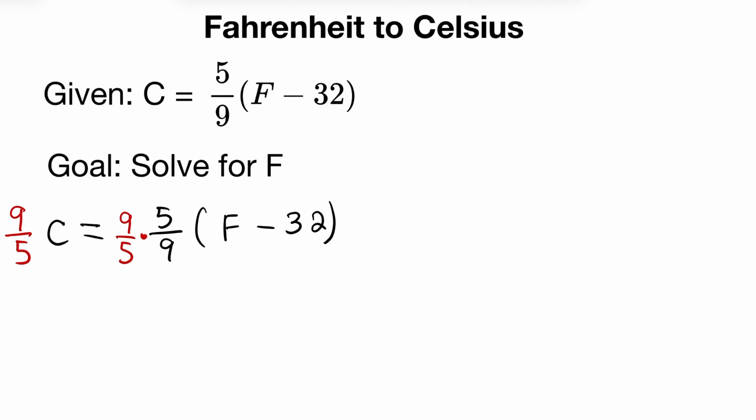You can see here that it cancels out on the right. 9/5 times 5/9 is simply 1. And so now let's bring everything else down.